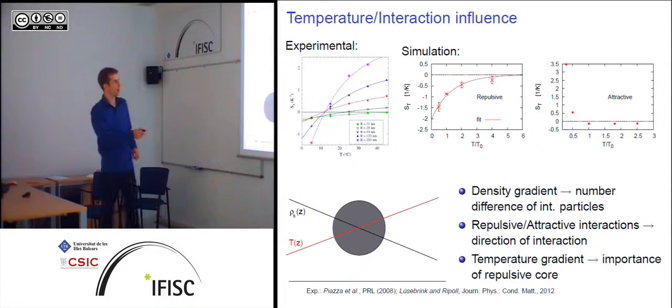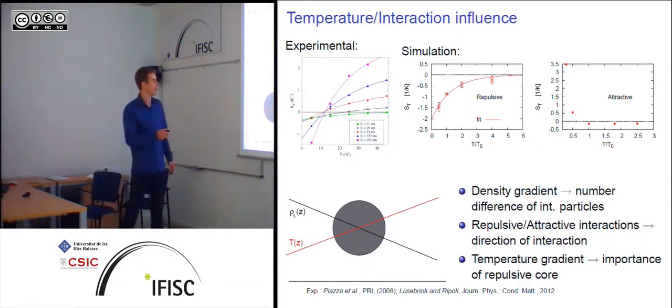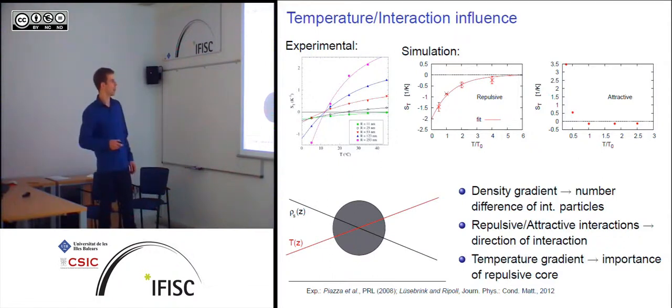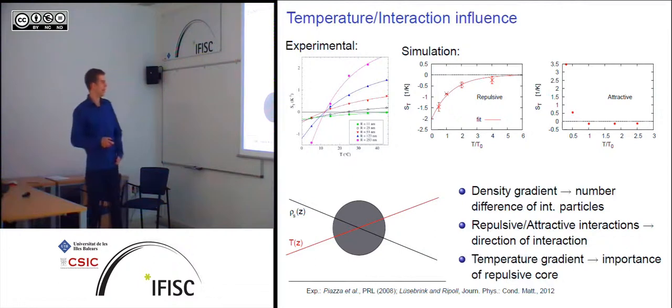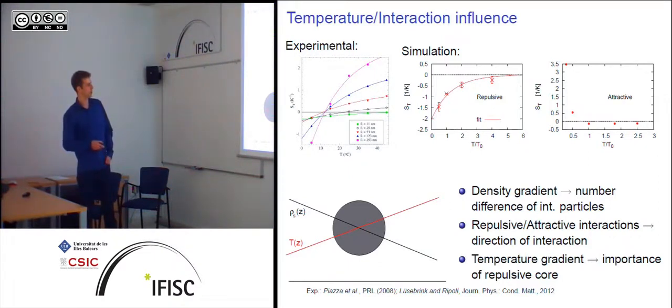And if we have attractive, maybe let me first explain how we can understand this. Here is the schematic view of the colloid in the temperature gradient and the density gradient of the solvent.